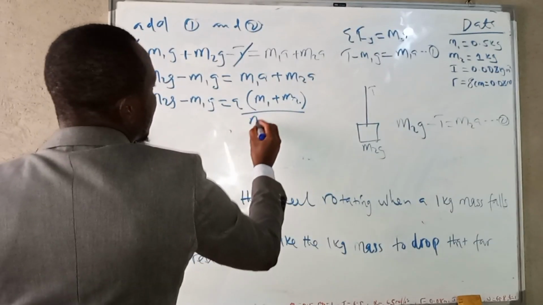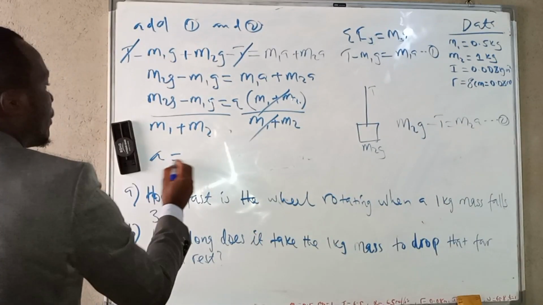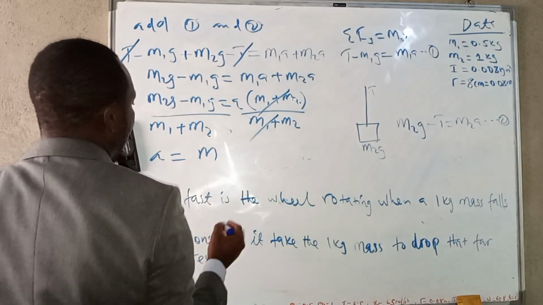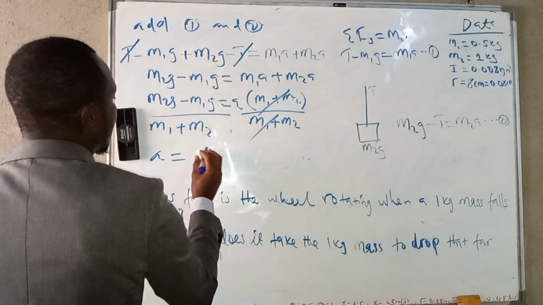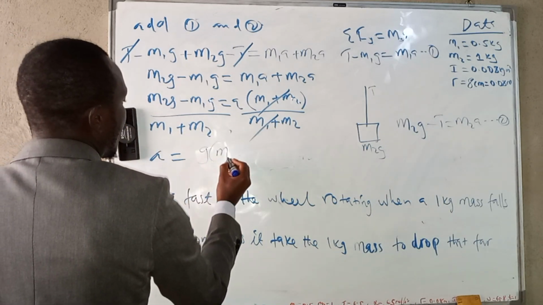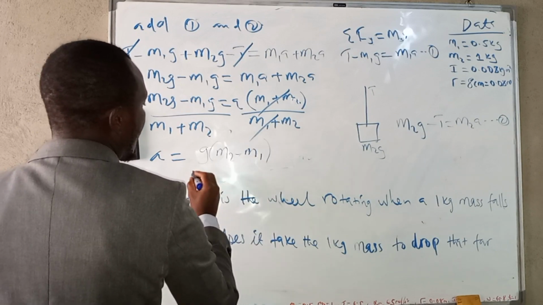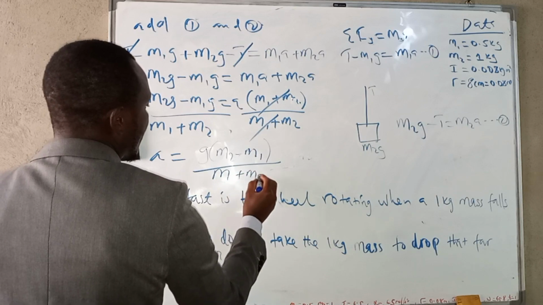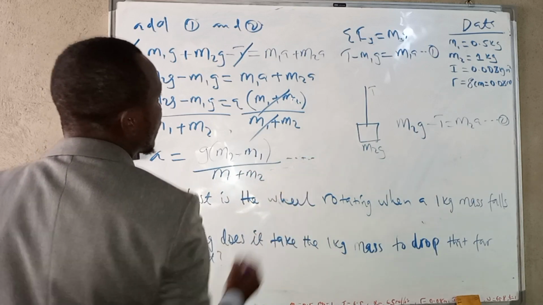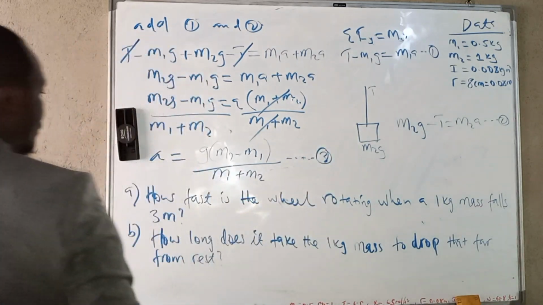Factoring out G, A equals G times M2 minus M1 over M1 plus M2. Let us call this equation 3.